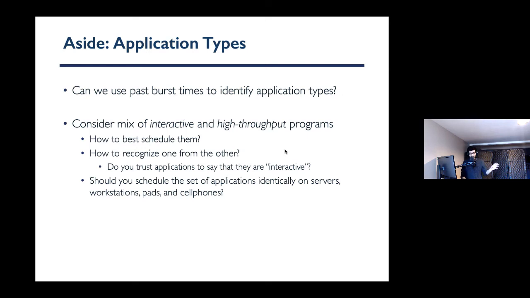So you want to give these tasks highest priority. So system designers are interested in detecting interactive applications. Now, this particular way of detection, just looking at previous CPU bursts, turned out to be a bad way of doing it.